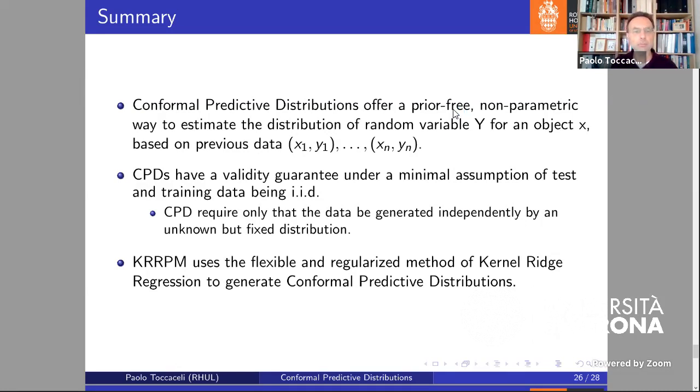And as a concrete example of conformal predictive distributions, which are just a framework, there is the kernel ridge regression predictive machine, which uses the flexible and regularized method of kernel ridge regression to generate conformal predictive distributions.